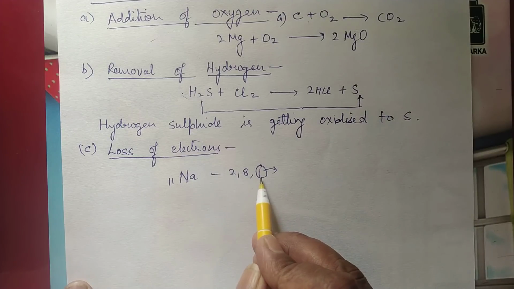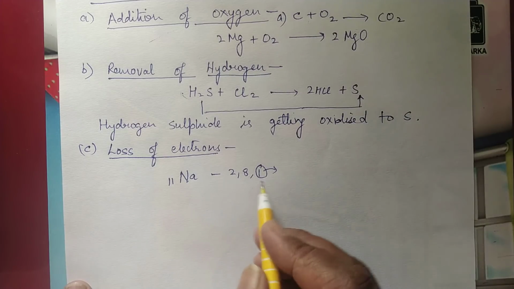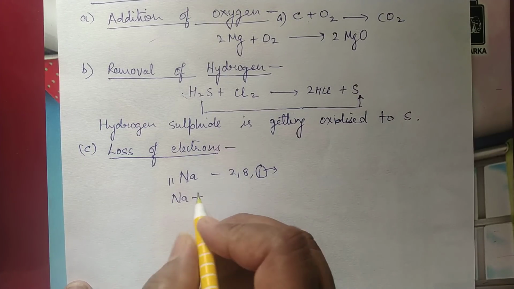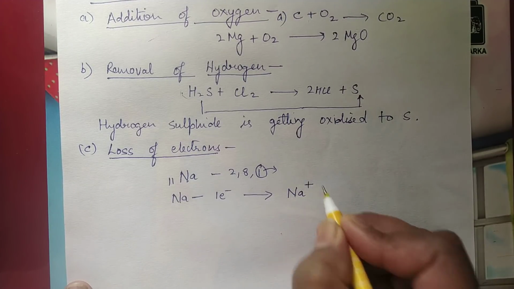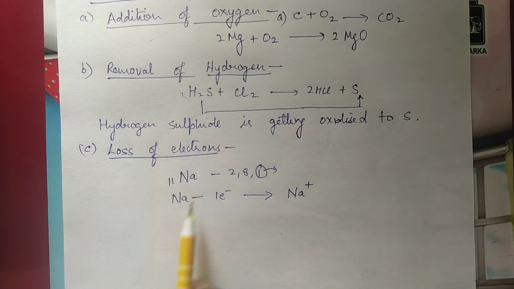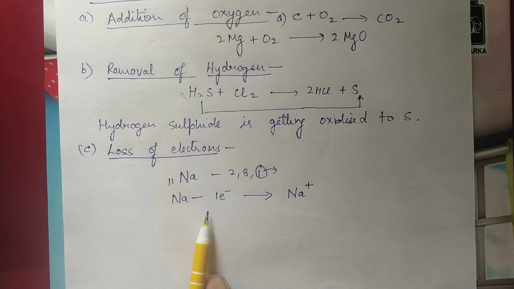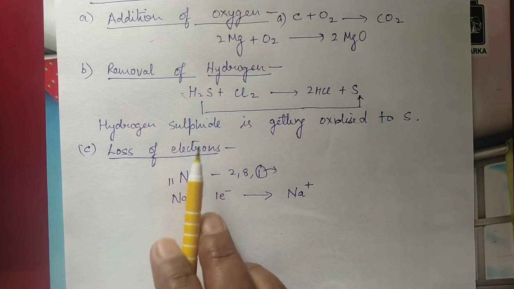So if sodium loses this one electron, it will satisfy the octet rule and become stable. We can write this reaction as Na minus 1 electron, and after losing 1 electron, Na gains one positive charge. This process is known as oxidation. Loss of electron from an atom is considered to be an oxidation reaction.